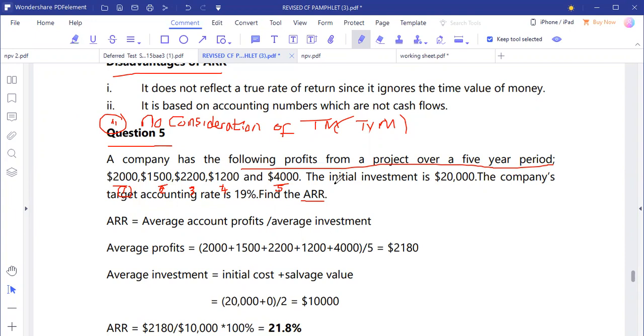The initial investment is $20,000. That's the initial investment, meaning this is how much we pumped in the company. In this project, we invested $20,000.